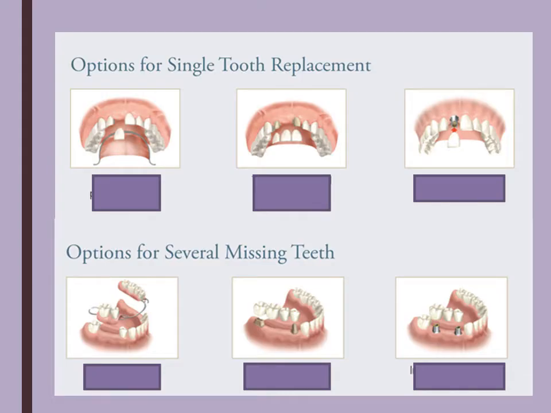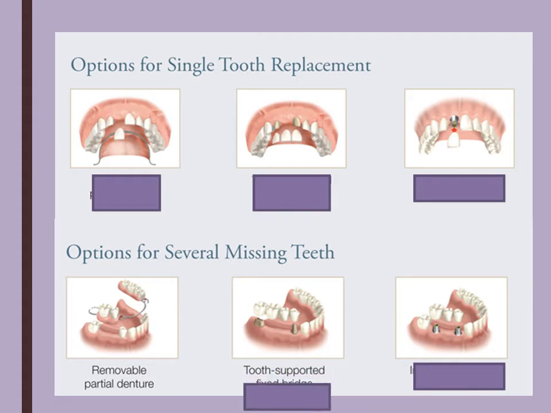In all the previous lectures, we've discussed various tooth replacement methods. We have used direct restoration, we have used indirect restoration. Basically, dental porcelain or dental ceramics is used for indirect tooth or teeth replacement. There are various options for several missing teeth, like removable partial dentures, which are made of acrylic.